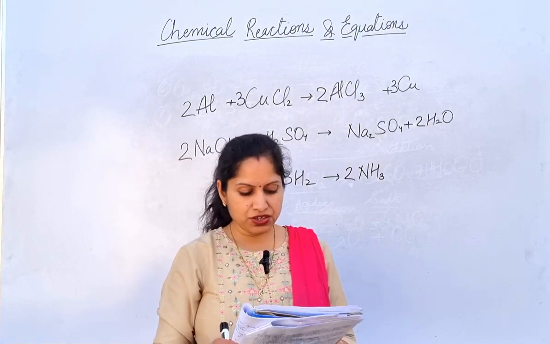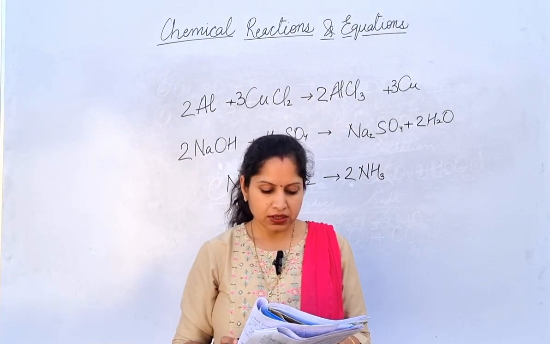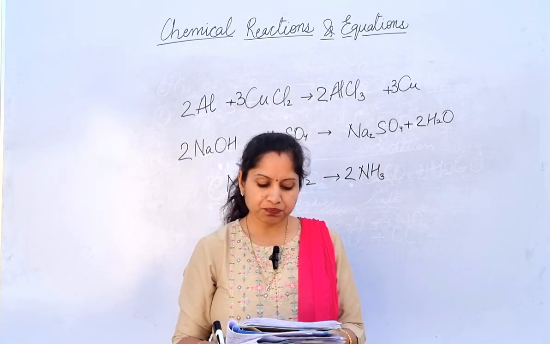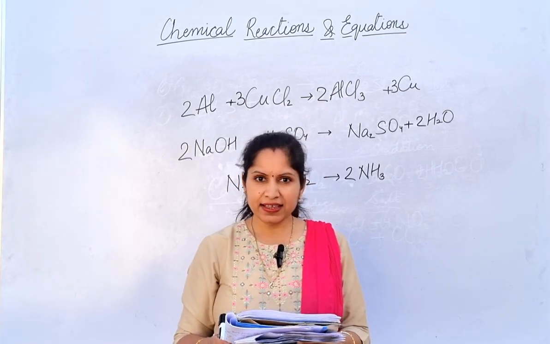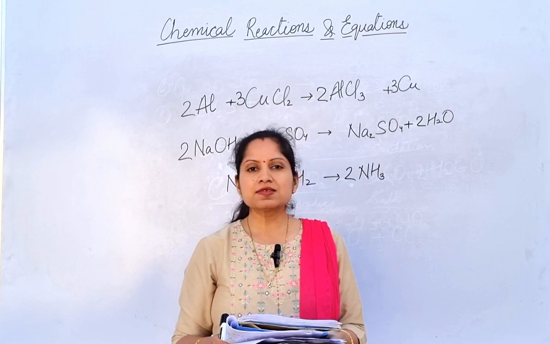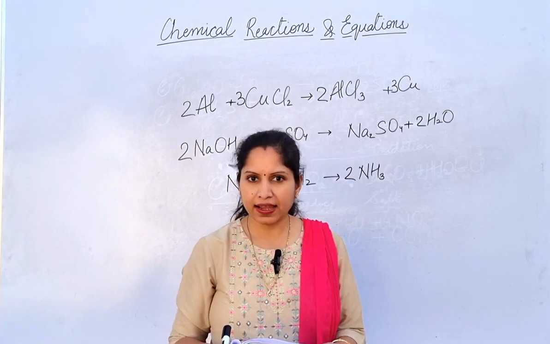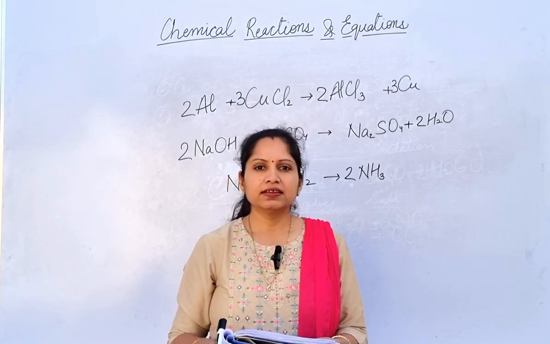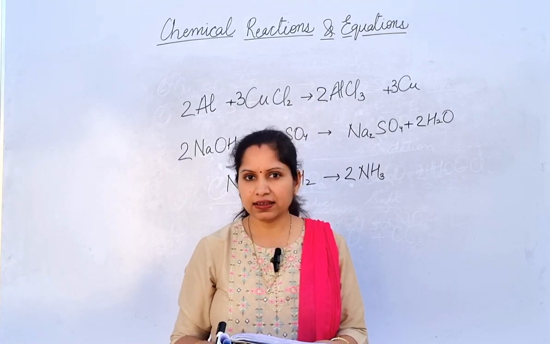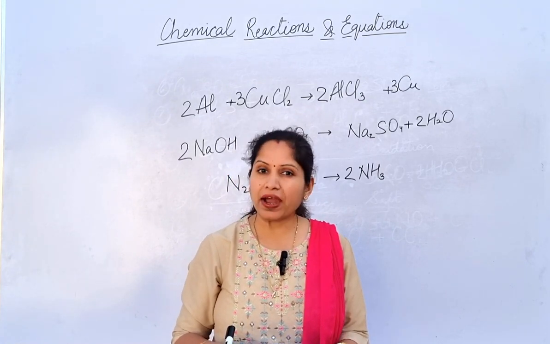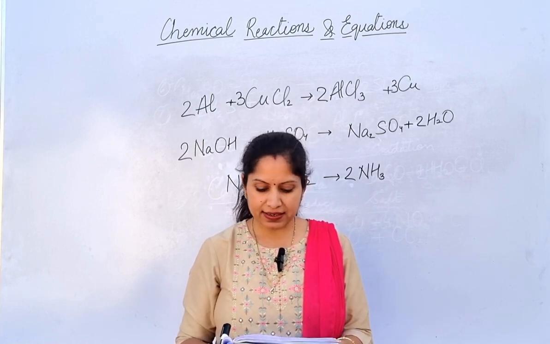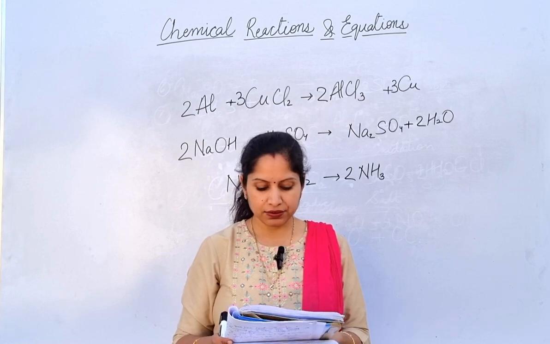Next you have to work out some questions. A compound X when exposed to sunlight produces another compound Y that is gray in color. The compound X is white in color and the compound Y formed after exposure to sunlight is gray in color.